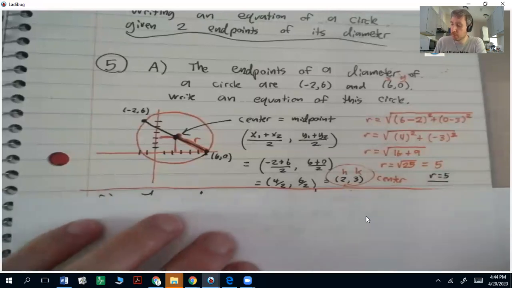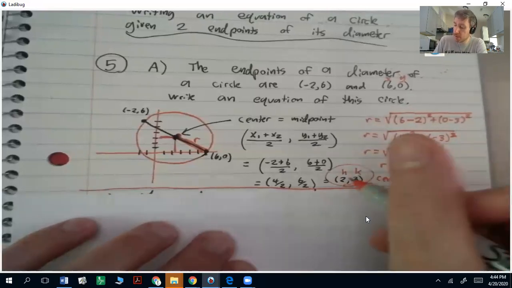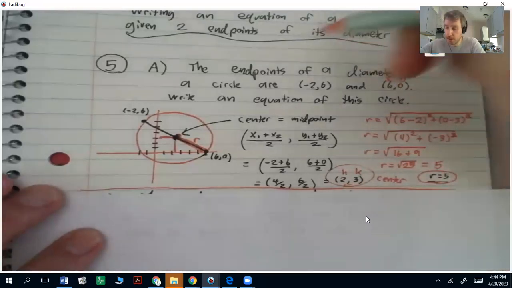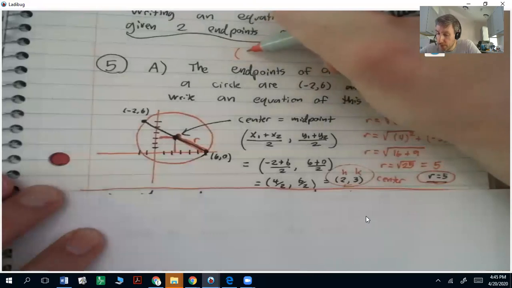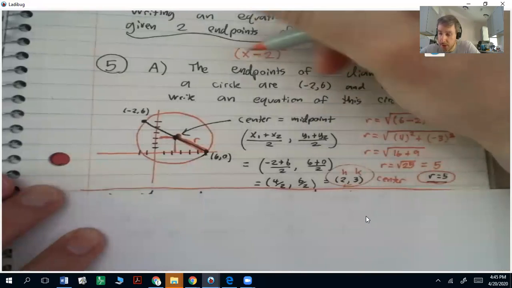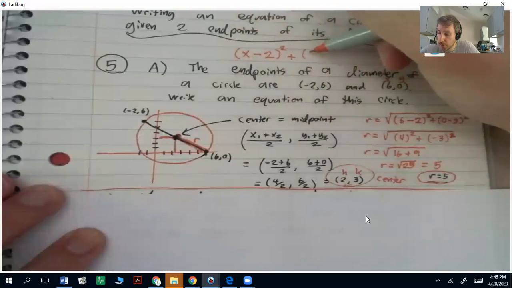I kind of ran out of room, but we have all the important information. We have our radius, we have our center. Now we can write our equation. And our equation is going to be (x minus 2). Remember, our h part is being subtracted from the x, so h is 2, plus (y minus 3) squared.